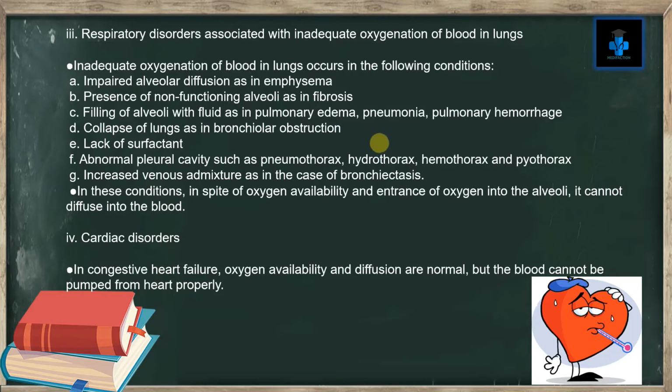In this condition, in spite of oxygen availability and entrance of oxygen into the alveoli, it cannot diffuse into the blood. 4. Cardiac disorders. In congestive heart failure, oxygen availability and diffusion are normal, but the blood cannot be pumped out from heart properly.